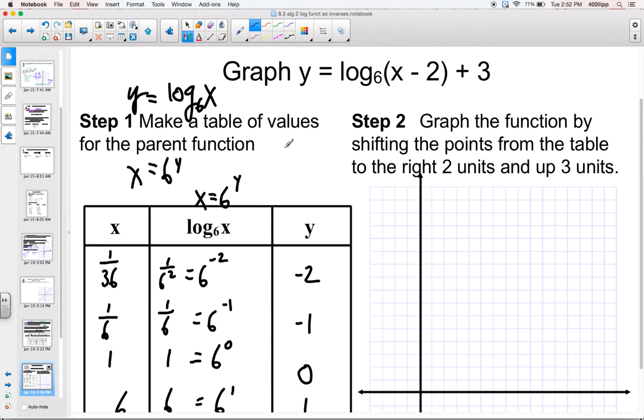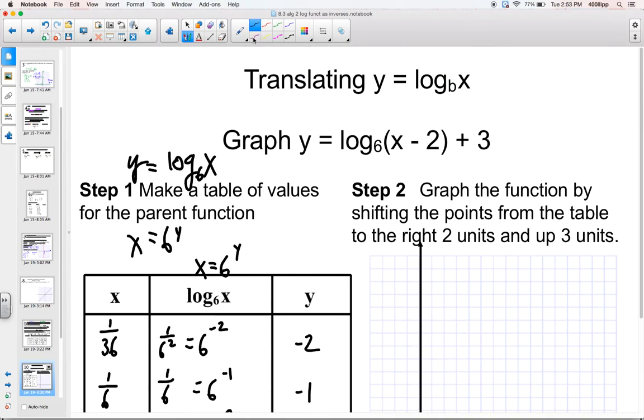And now we know that we're going to take this and do whatever your h and your k are telling you to do. So this is telling us to go 2 units to the, we know that it's going to be the opposite when it's with our x value. So we're used to having the opposite there. So we know that x equals 2 is going to be our asymptote. So you go 2 units to the right.